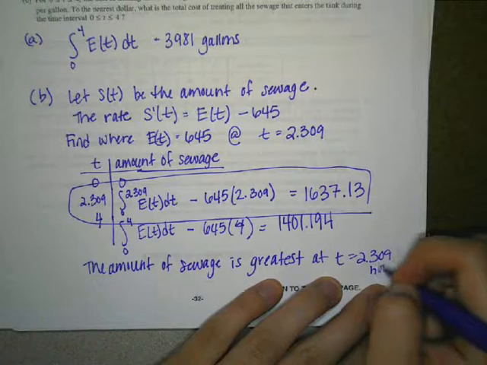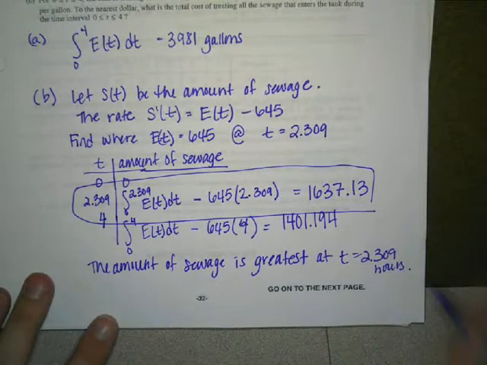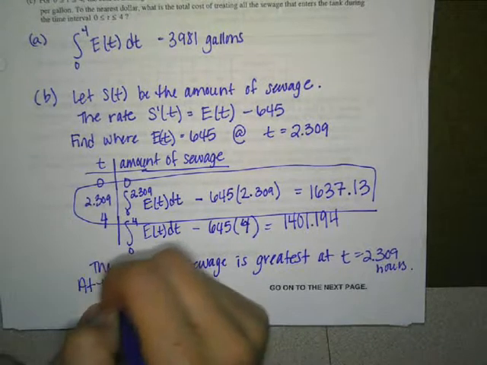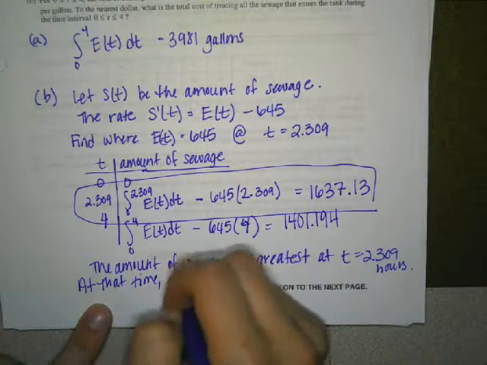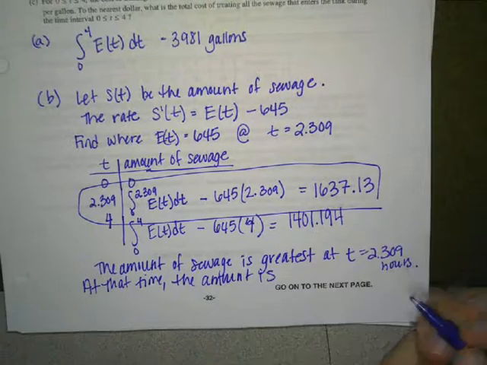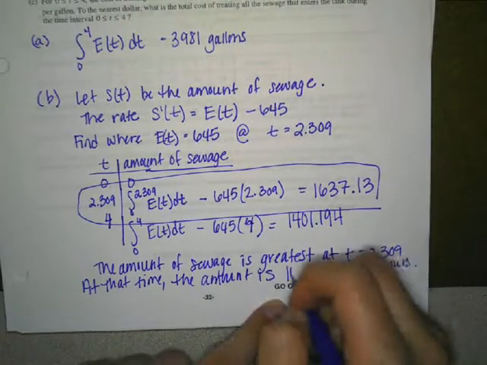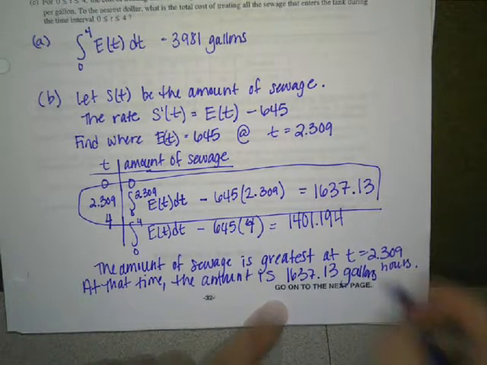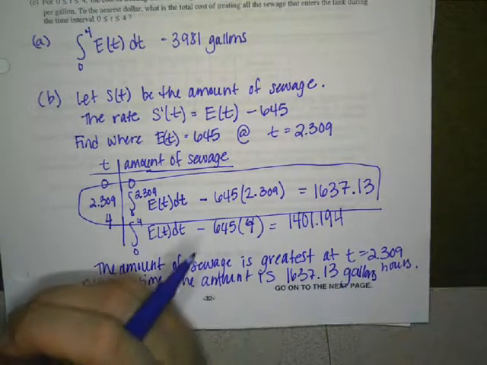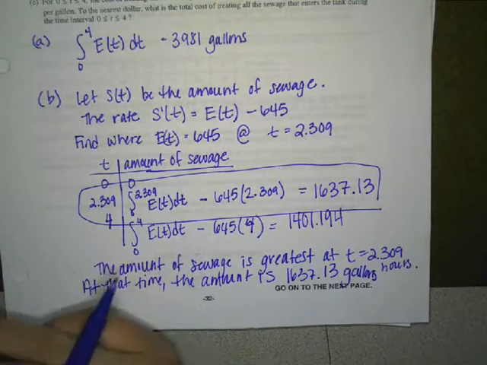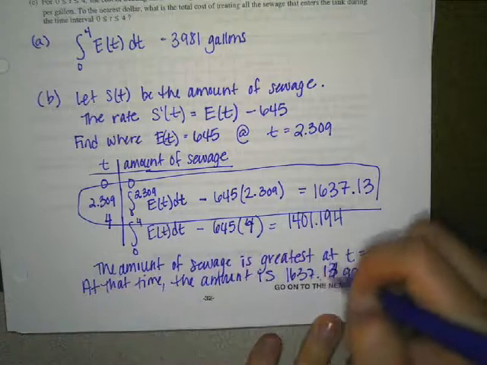Yep. And then they also ask you to identify the amount, the actual amount. So you'd say at that time, the amount is whatever it was, 1,637.13 gallons. Oh, and they ask you to round to the nearest gallon. Oops. So we don't need the 0.13.